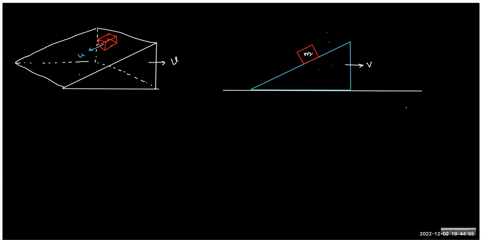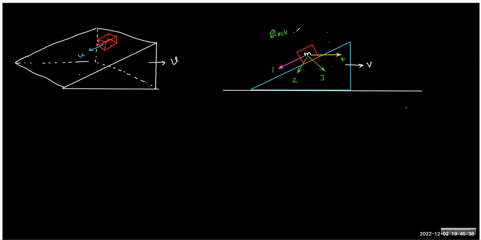The block is also sliding, and the wedge is also going right. Can you tell me how the block is moving? What is the direction of motion of the block? I'll draw 2, 3 arrows, and you will tell me which is the direction of motion of the block. Out of 1, 2, 3, 4, which are the possible directions of motion of the block, if the block and wedge both are moving and the block is also sliding?